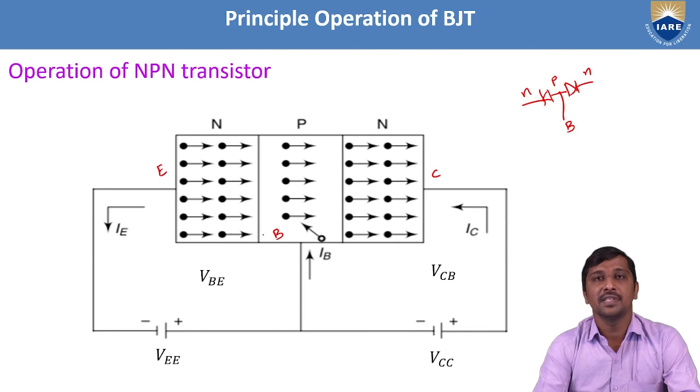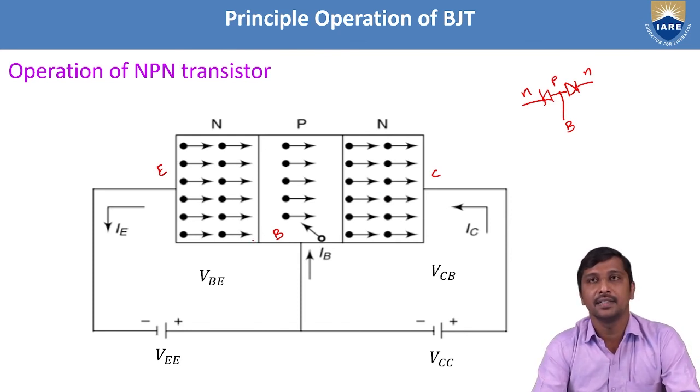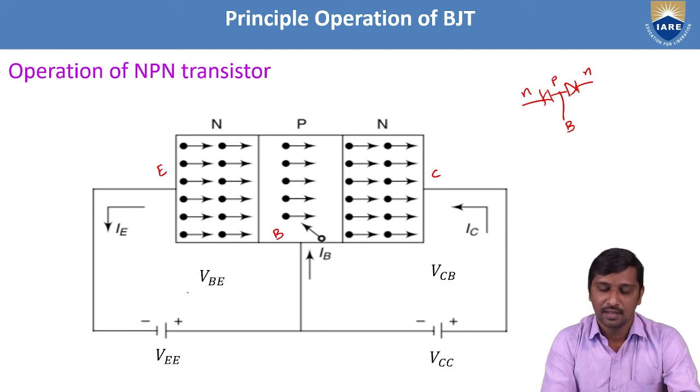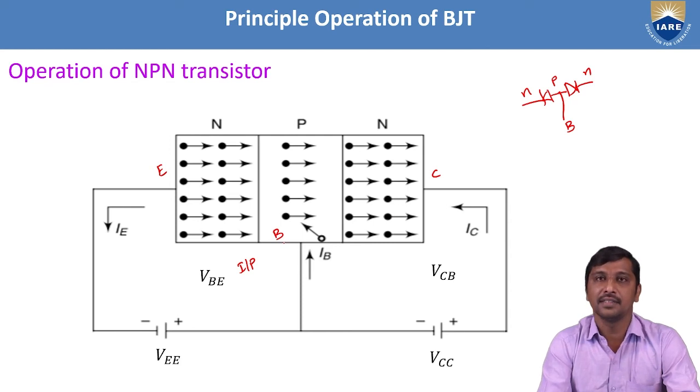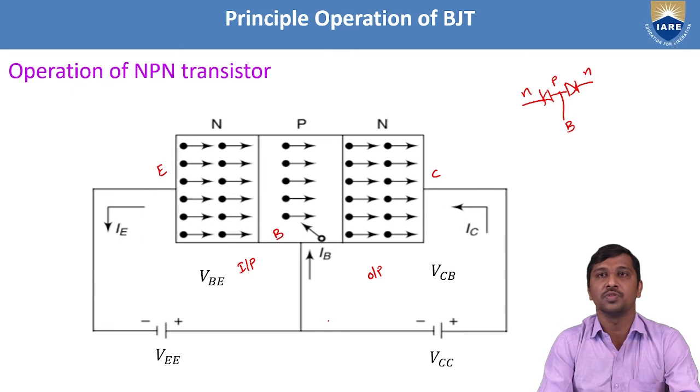Now we need to satisfy the transistor definition. What is the transistor definition? It transfers a signal from a low resistance circuit to a high resistance circuit. The emitter-base junction acts as the input side, and the collector-base junction acts as the output side.